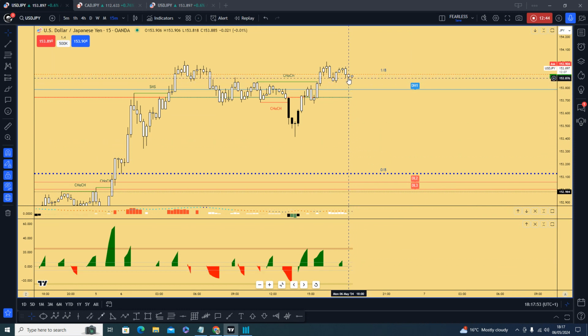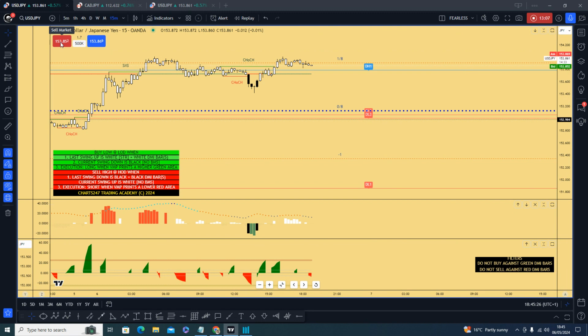Now the candle closed right above the low of the previous candle and the VMP disappeared. So if you had taken the trade without waiting for the close, you would now start thinking, oh, I should have waited. So it's always good to wait for the close of the candle before you take the signal.